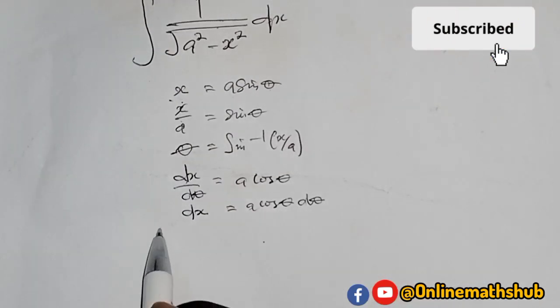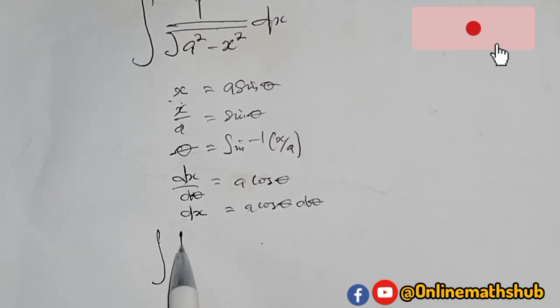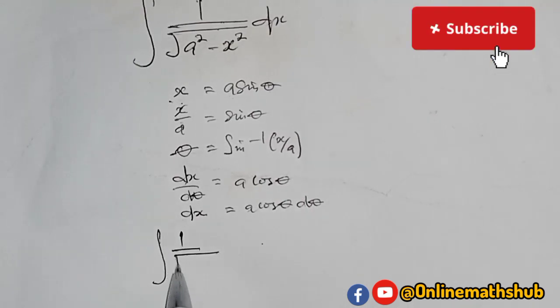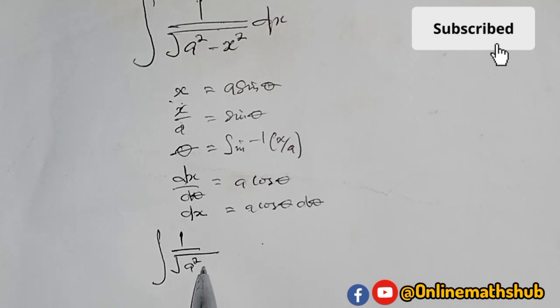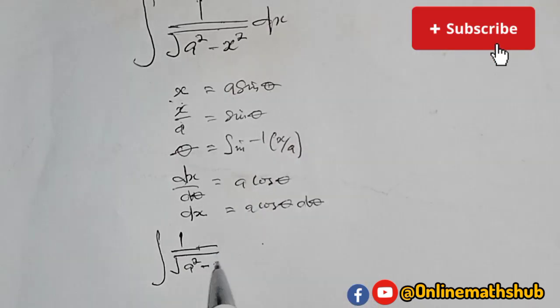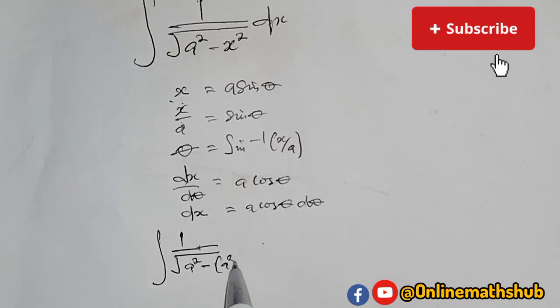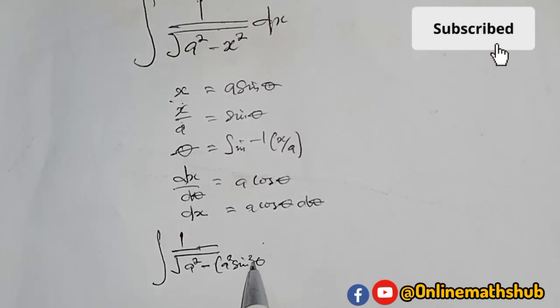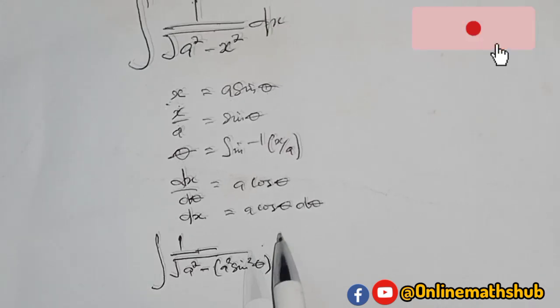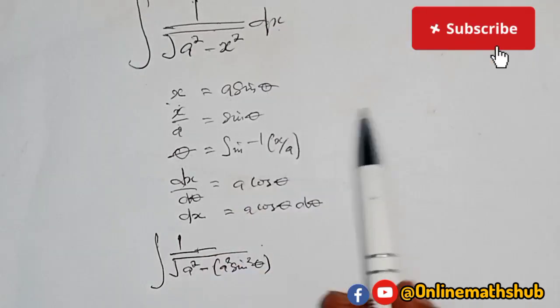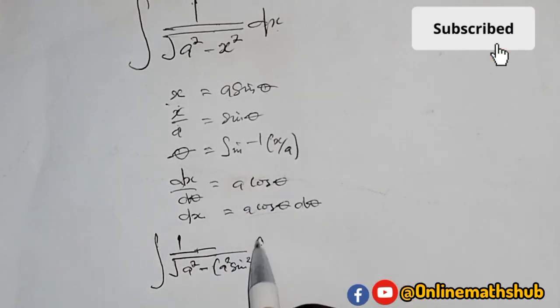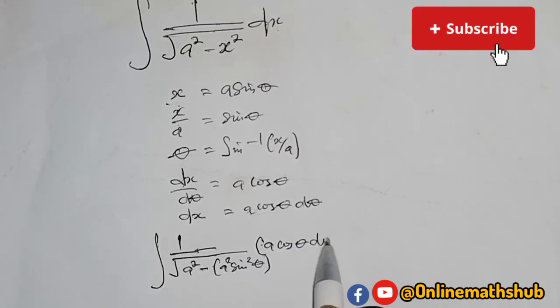Our integral, 1 over square root of a squared minus x squared, is going to be this, with a squared sine squared theta in place of x squared. And of course our dx here, we replace with a cos theta d theta.